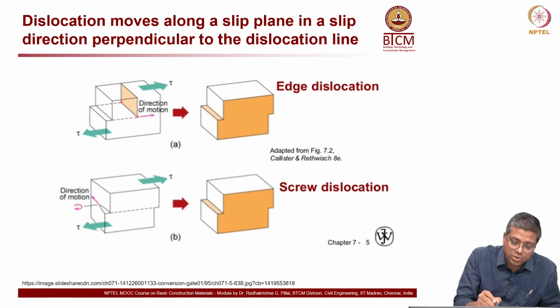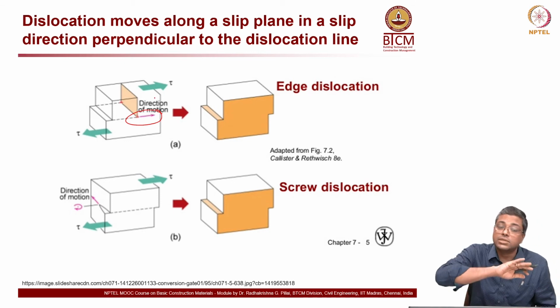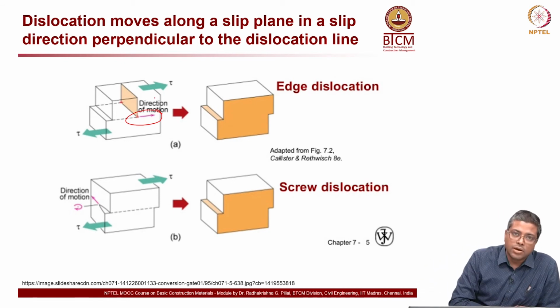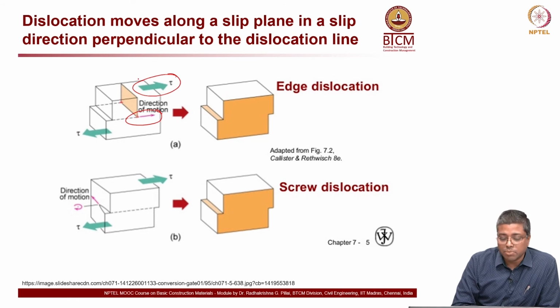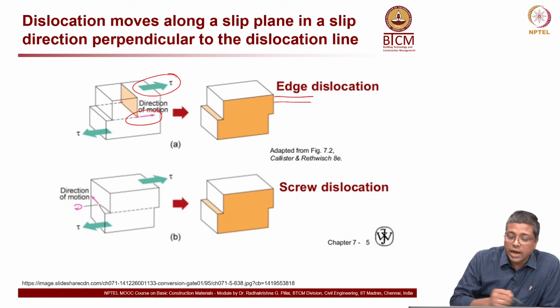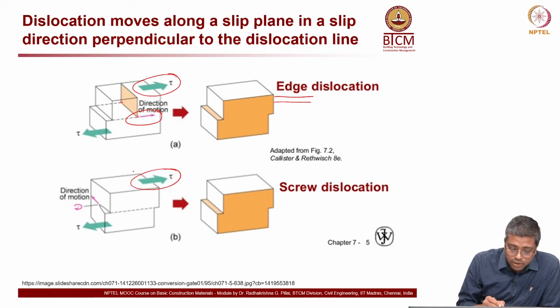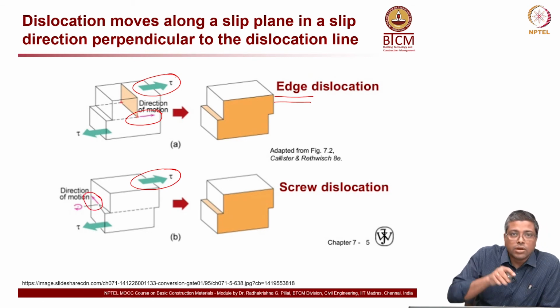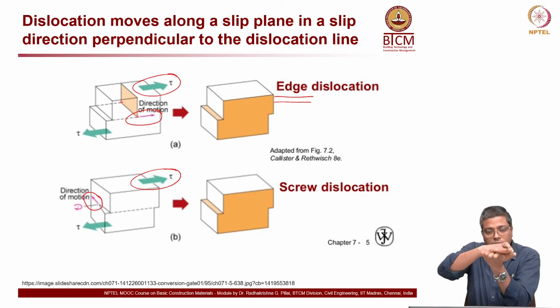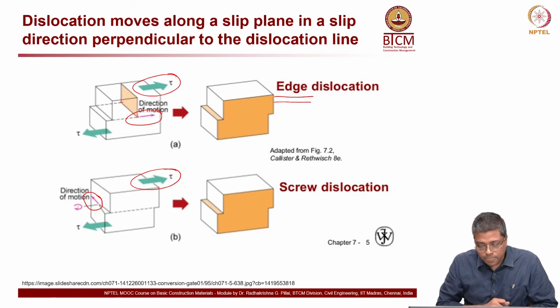In the first case, you can see this pink arrow that indicates the movement of the dislocation, the direction of the motion, and this is the shear stress which is applied. That indicates the edge dislocation. Whereas in the second case, you have the shear stress applied, but the direction of motion is more like a rotation.